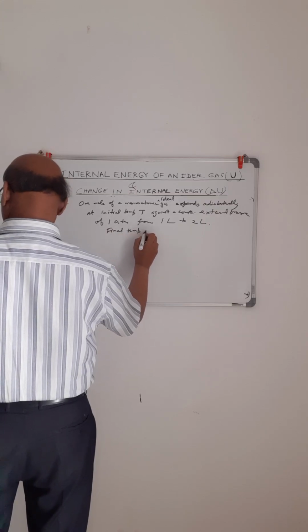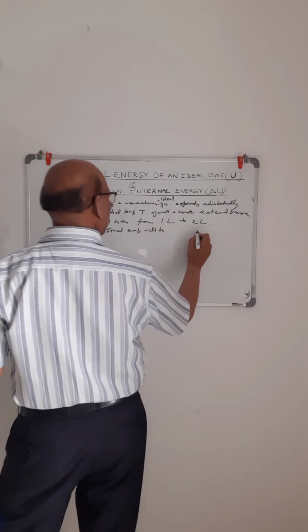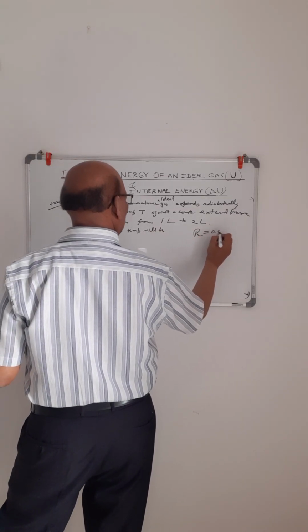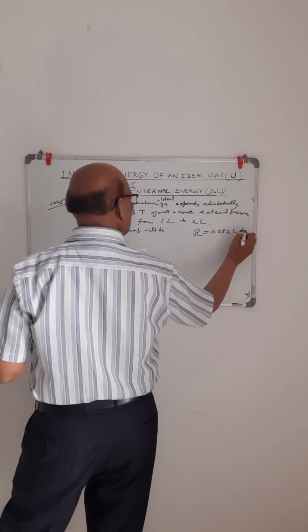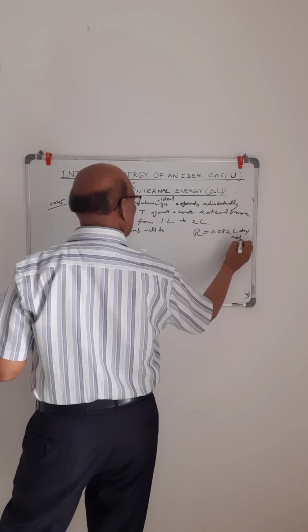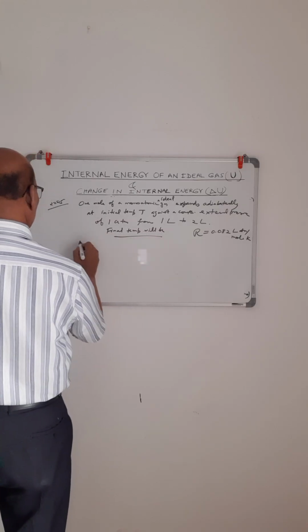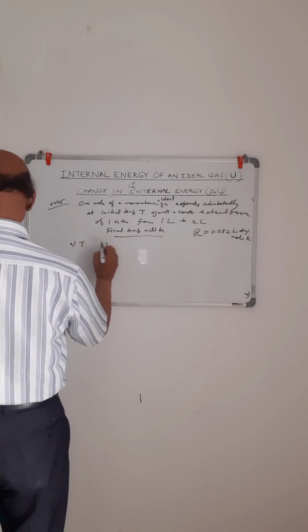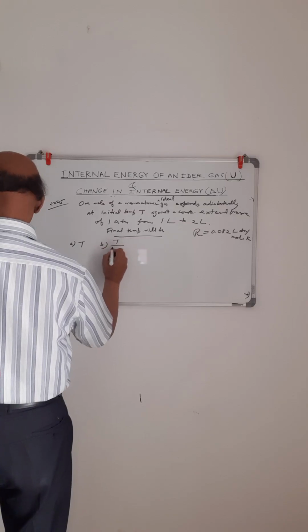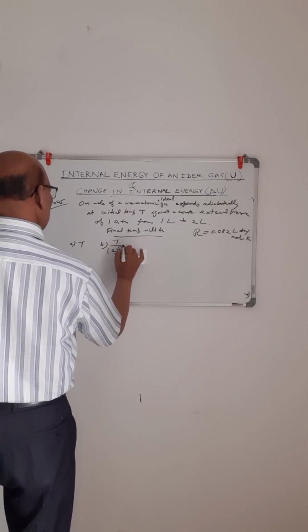Final temperature will be, and value of R is given as 0.082 liter atmosphere per mole Kelvin. Okay, and final temperature T will be, there are 4 options. A is T, B is T upon 2 to the power 5 by 3 minus 1.